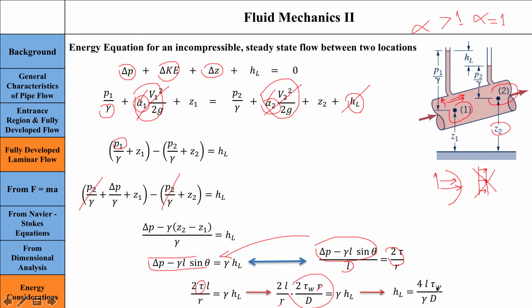And this is valid for both laminar and turbulent flows because we haven't used any specific assumption that would say that this flow is laminar or turbulent, other than talking about the alpha terms here. But the alpha terms for turbulent flow are usually equal to 1 as well, so that's why this can also be valid for turbulent flows.